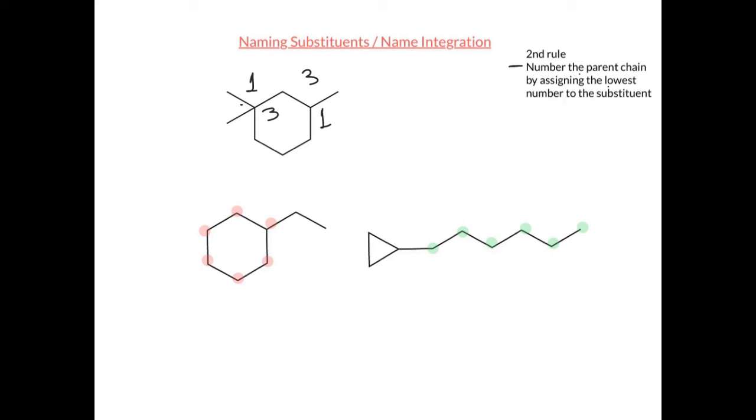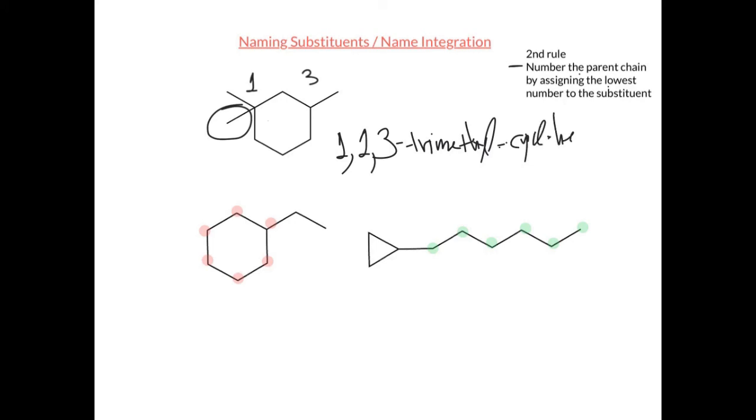However, we see that here we have a second substitution, so that's going to be the correct structure. And let's name it now. We see that we have 3 methyl groups, so in that case it's going to be 1, 1, 3-trimethylcyclohexane.